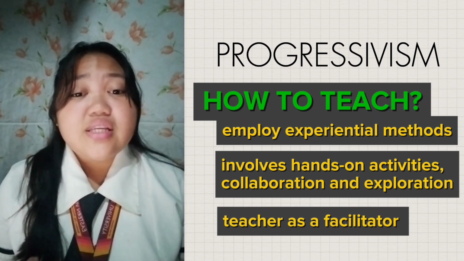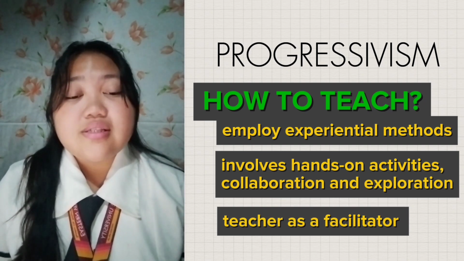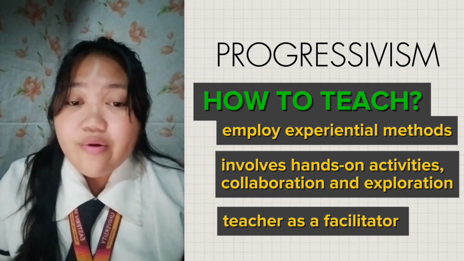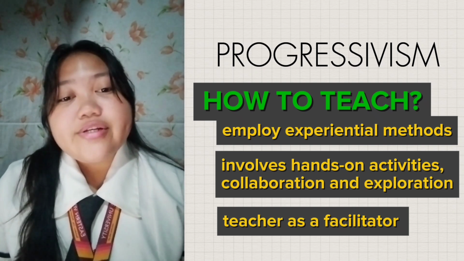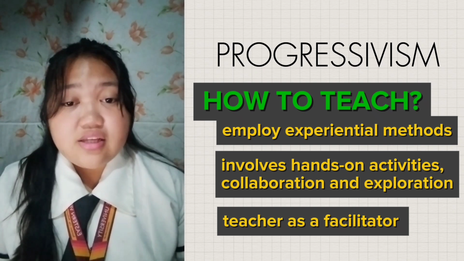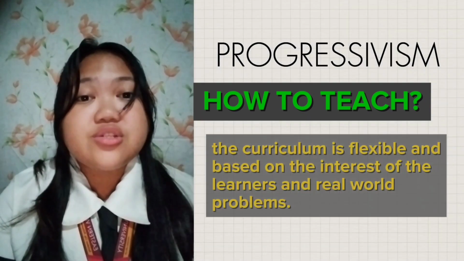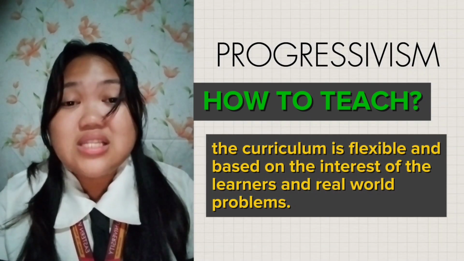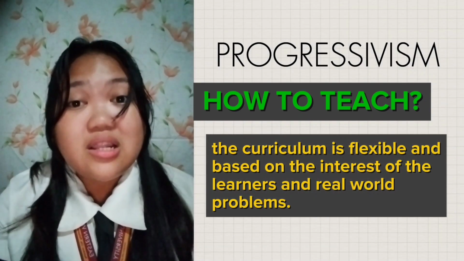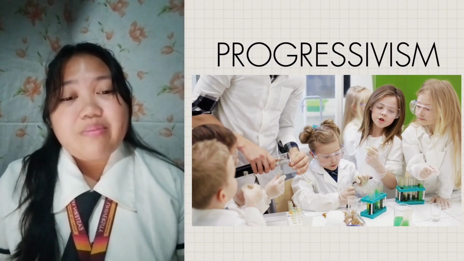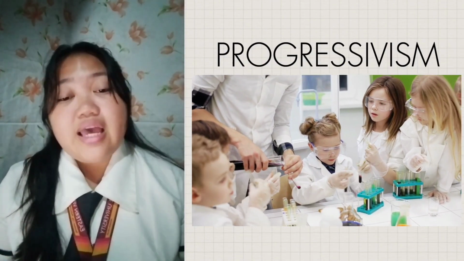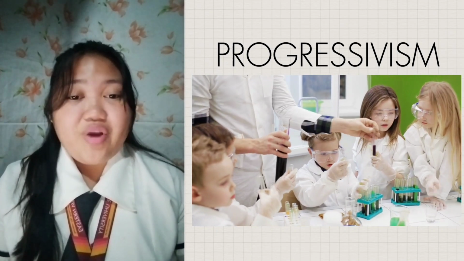Teachers act as facilitators, encouraging students to ask questions, experiment, and think critically. Group work, discussions, and projects are common in this approach. It uses a curriculum that responds to students' needs and relates to their personal lives and experiences. So, progressivism ensures that learning is engaging, relevant, and practical.